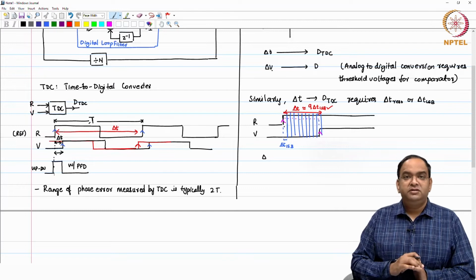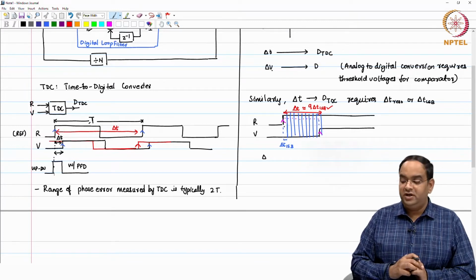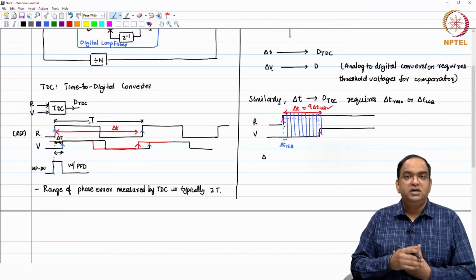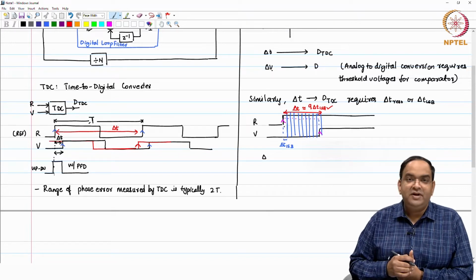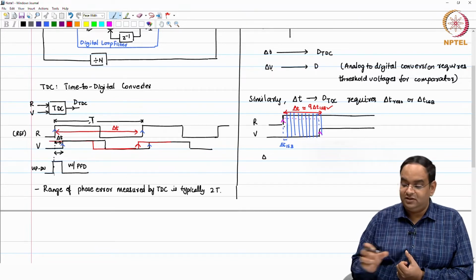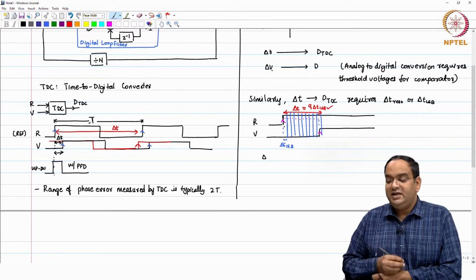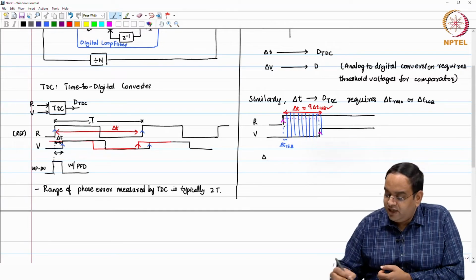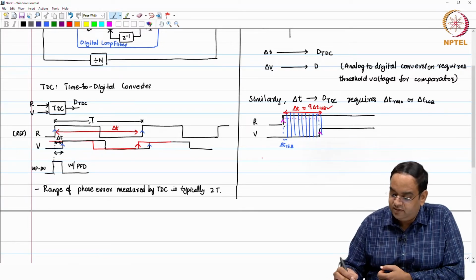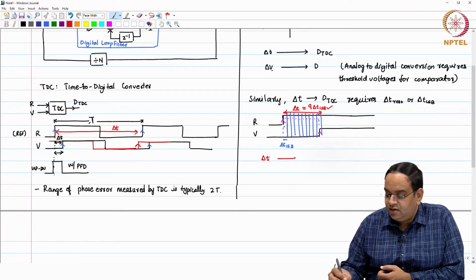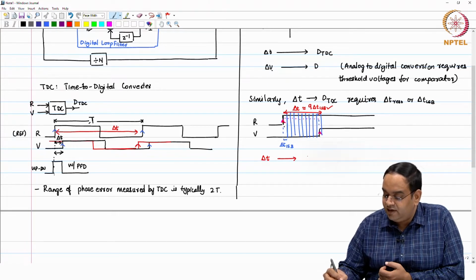Based on this, you can convert this 9 to a digital word. So, if I have 9 as the delta T LSB multiple, then for the above case, when I found the separation between these two rising edges, it gave me approximately 9 times delta T LSB.